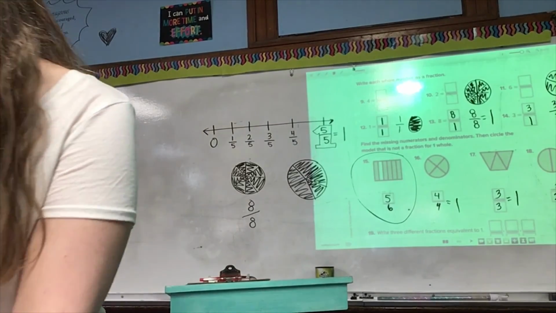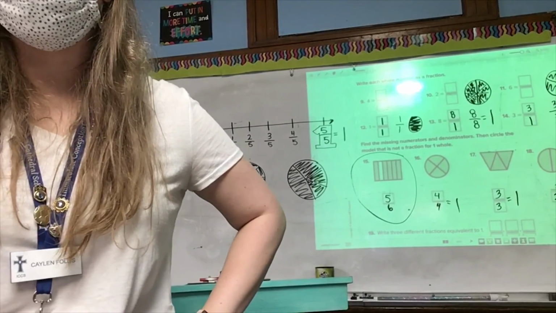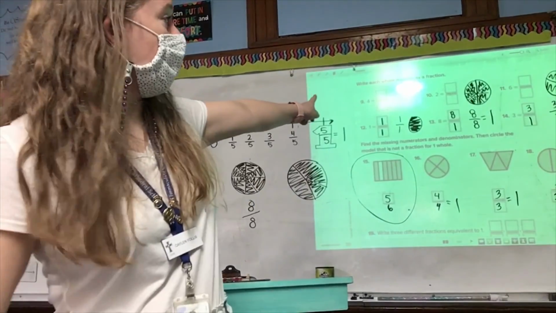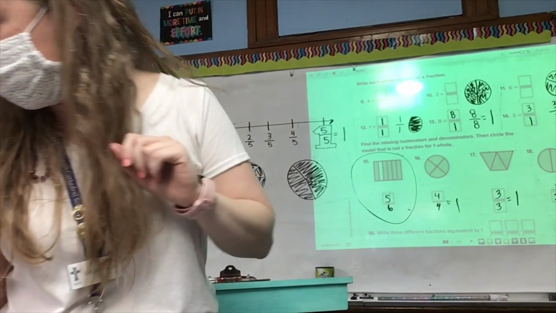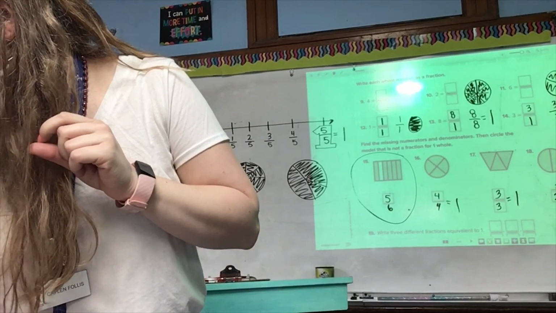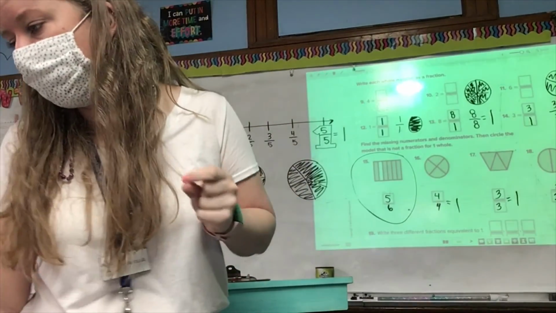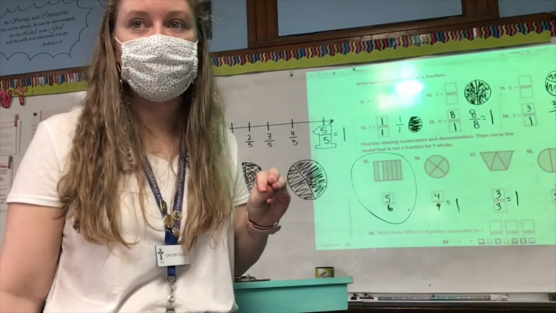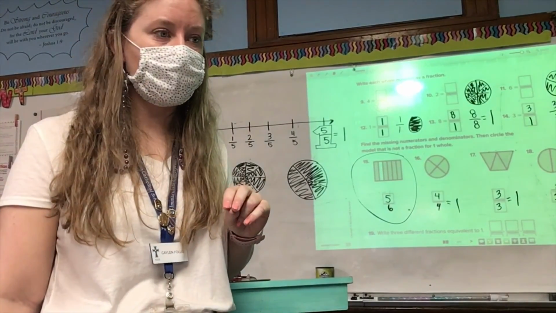Numbers 3 and 4 are the same as numbers 1 and 2. Numbers 5 through 8 are just like 9 through 14 on the independent practice. And then numbers 9 and 10 are just our word problems. And number 11 is one of those test practice questions where you have to figure out what matches. It's multiple choice. Any questions about homework or independent practice?